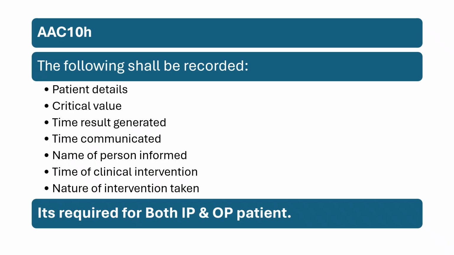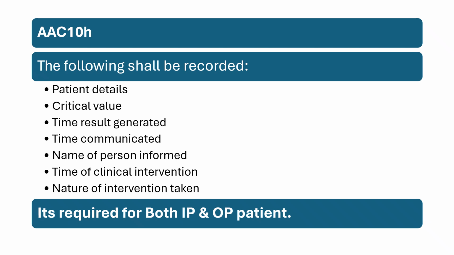You can make a seal or a sticker to put in the patient file which has these details, so anyone can write there. And you can make it red color, so it will be very easy to spot, right? Then the intervention taken should be written.